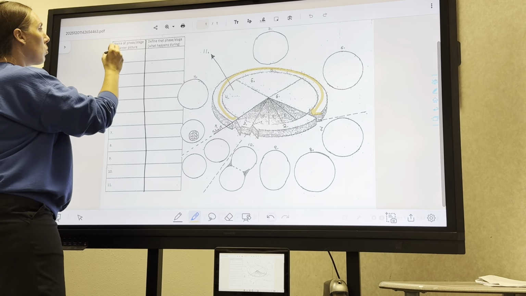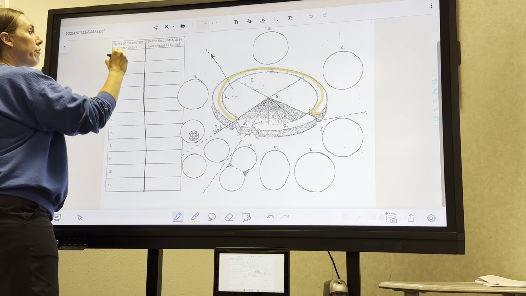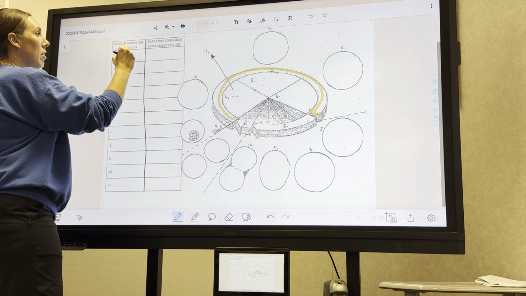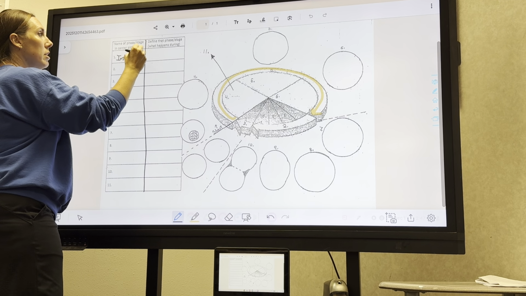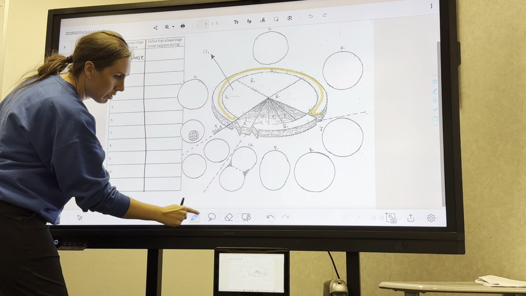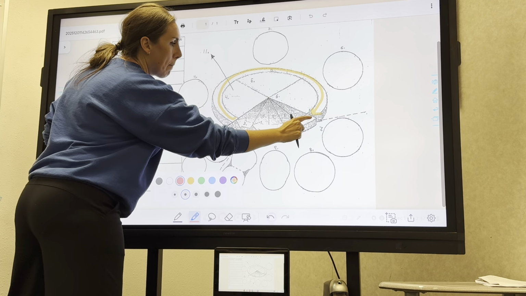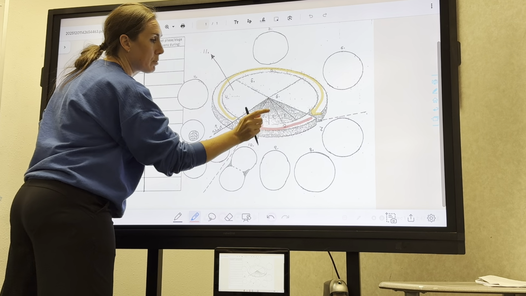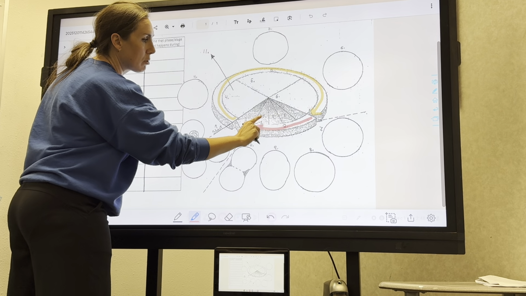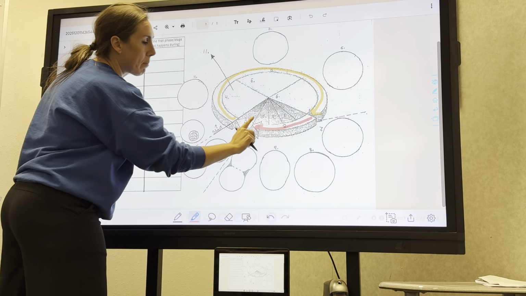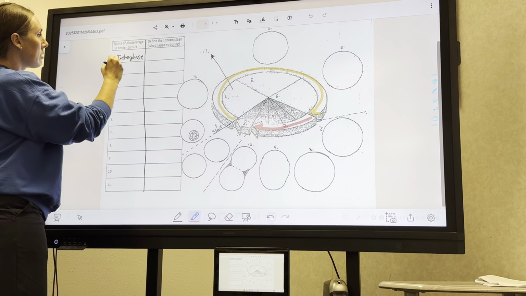So all of number 1 is I for interphase, interphase. But this whole number 2 is mitosis.